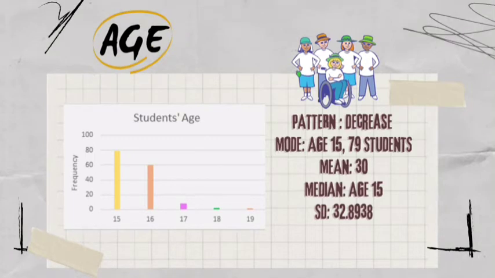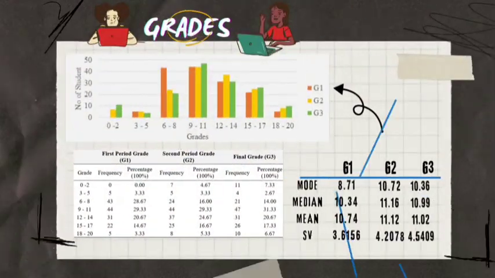This is because at this age, it is a good time for them to master math and it would be easier for them if they pursue the calculation field in further study. The median is students aged 15 years old. Besides that, the standard deviation is 32.8938.